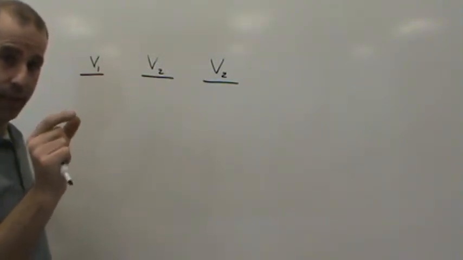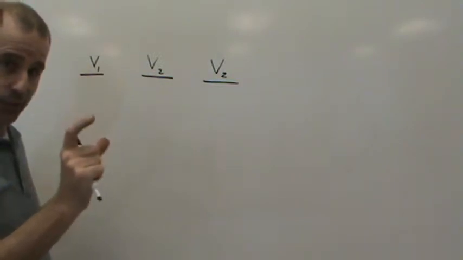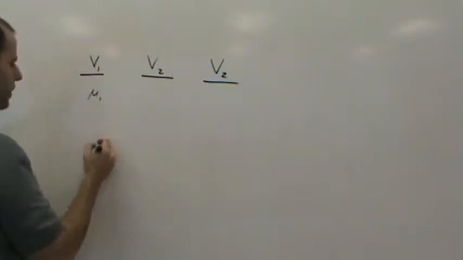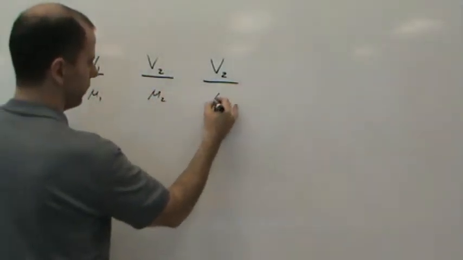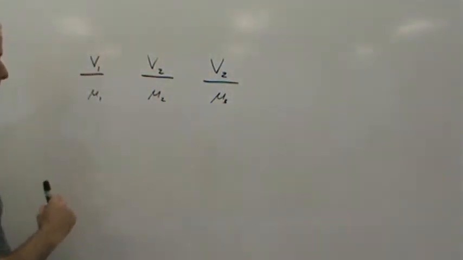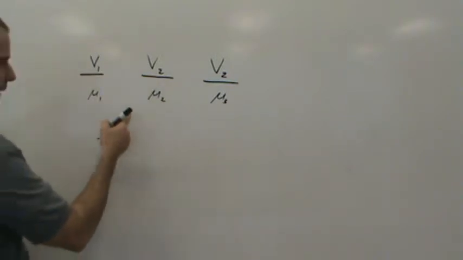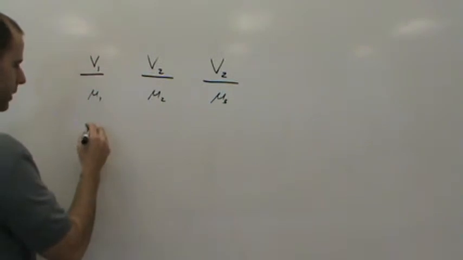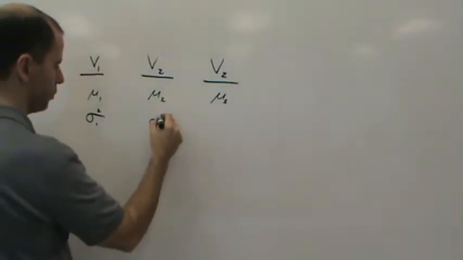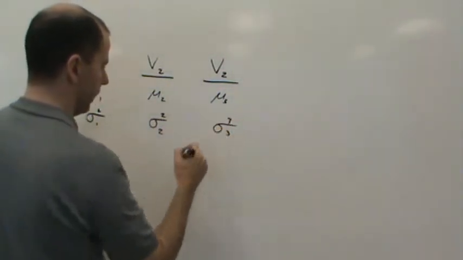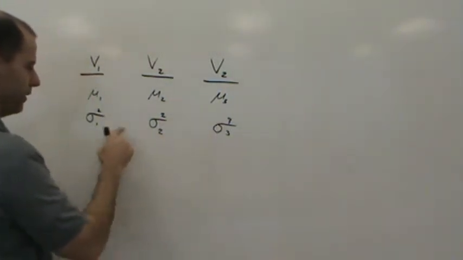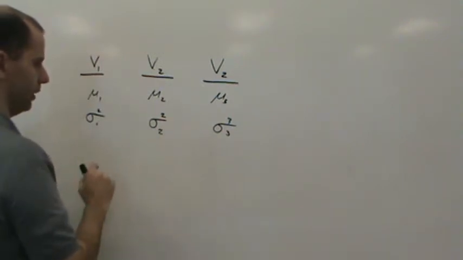So I want the variation to be the same. Okay, so I want the average concentration to be the same. I have the average concentration for this one, and this one, and this one: mu1, mu2, mu3. Now, I have the variance of each one of these populations: sigma 1 squared, sigma 2 squared, and sigma 3 squared, right? One of the assumptions that we're making is that the standard deviation and the variance of each concentration is the same.